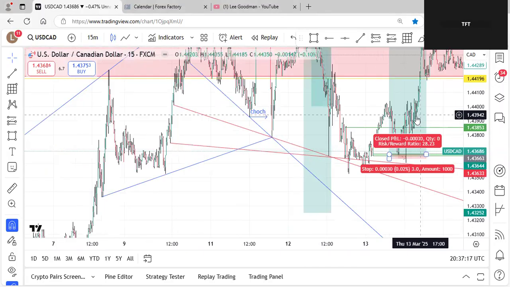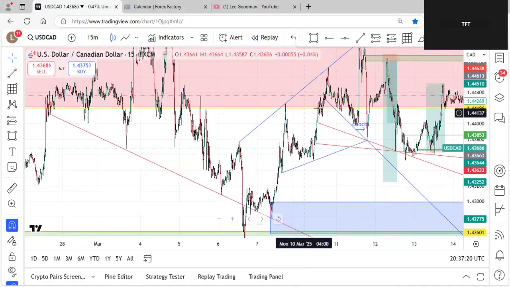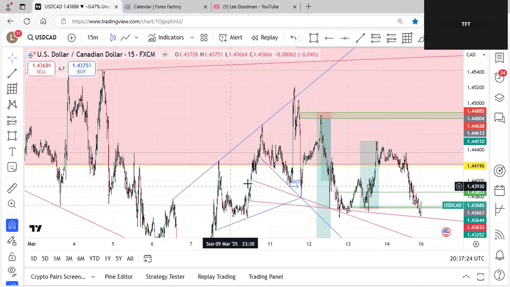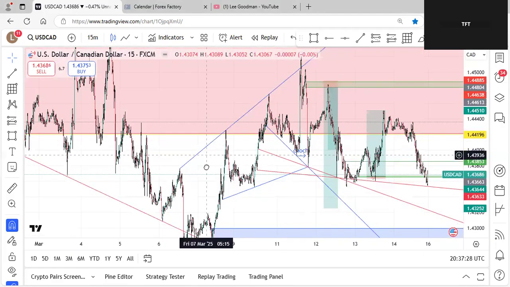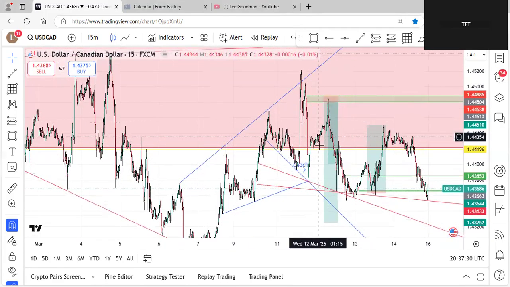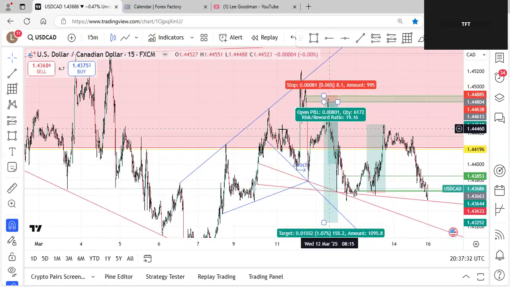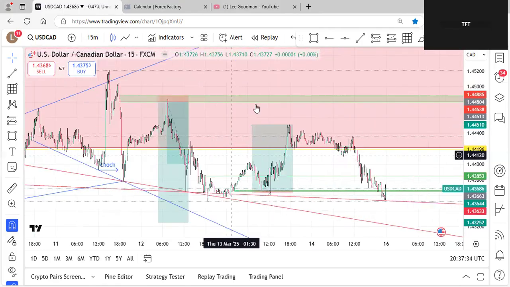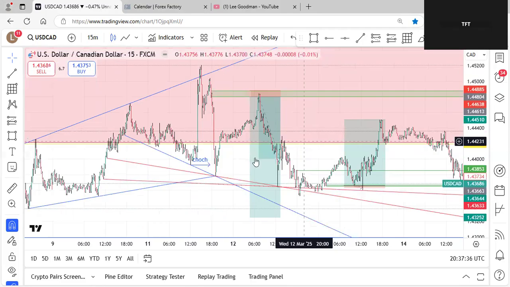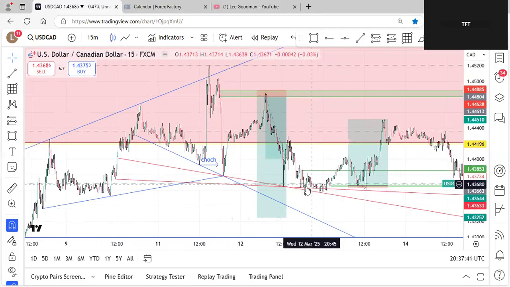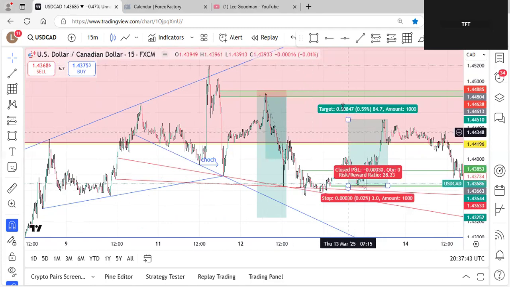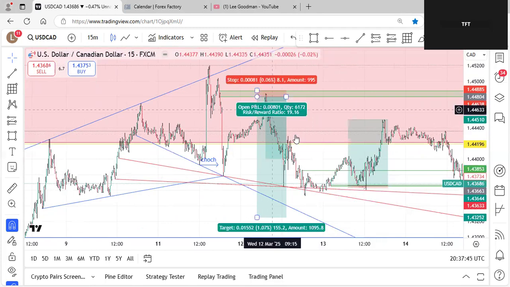This maybe has an extra touch in it, but we're starting to break to the downside as well. I was hoping to catch some up until high into this leg at least. So we have had a change of character for a downside, and I was anticipating a mitigation possibly somewhere up here.